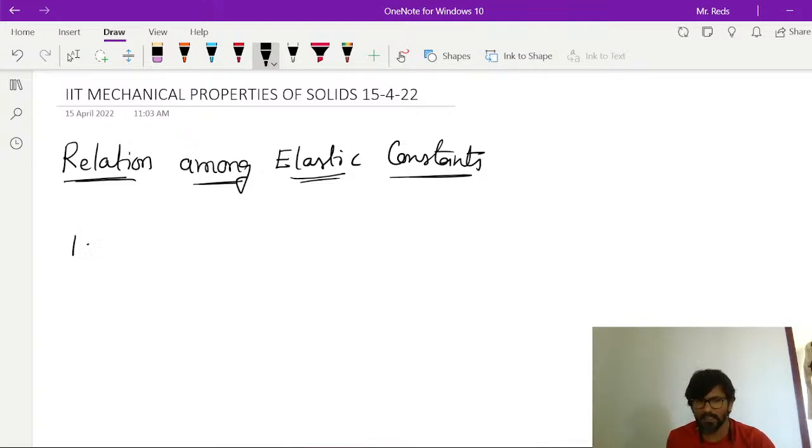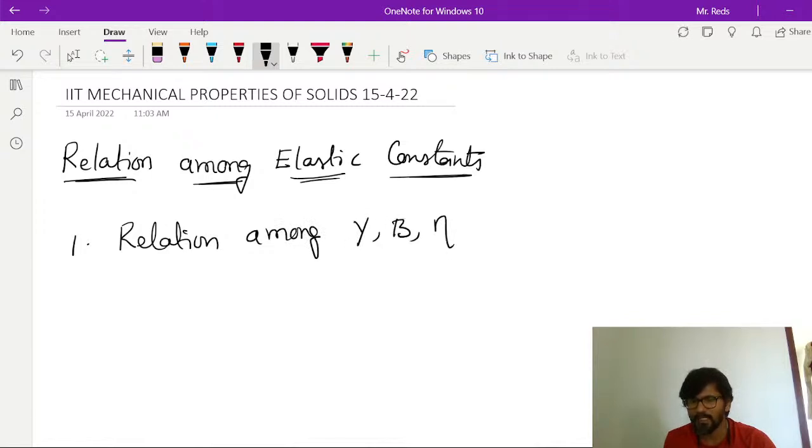The first one we consider is the relation among Young's modulus Y, bulk modulus B, and rigidity modulus eta.